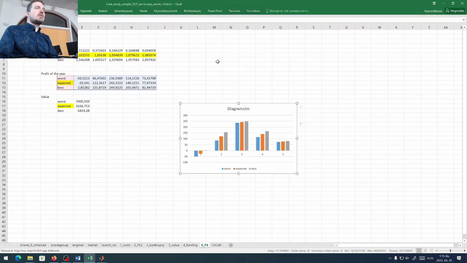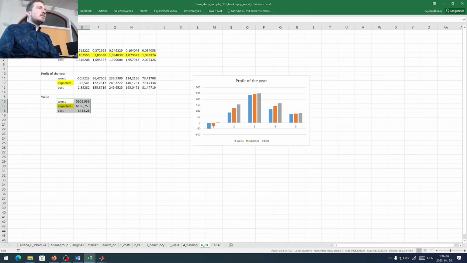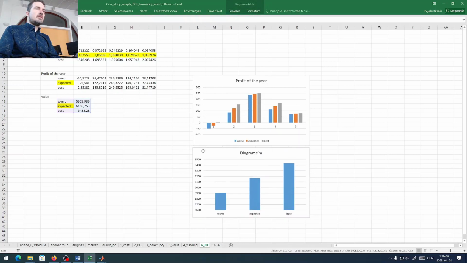So now we just have to highlight, okay, that this is the profit. Yep. This is the value, and at least we can see what are the possible ranges for volatility or changes for valuation, for profit, because after that we can see that, okay, this business plan is robust or not.